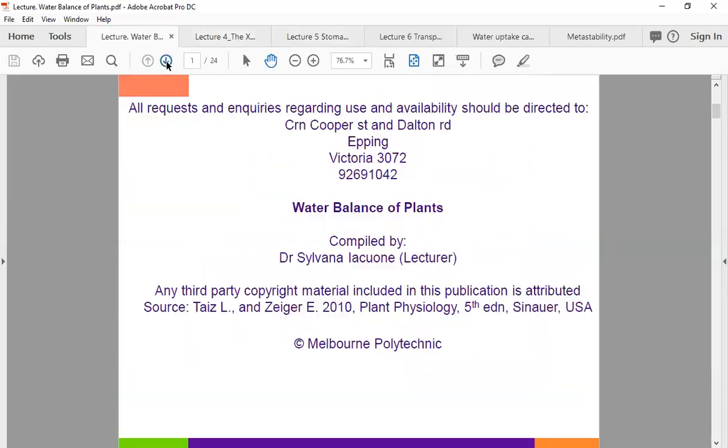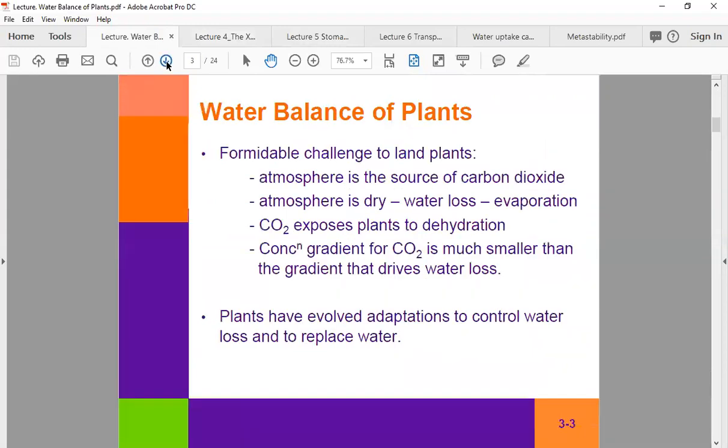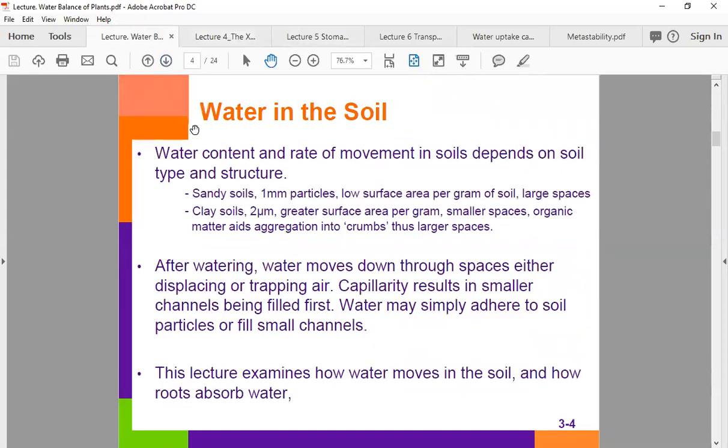So let's have a look firstly at soil types. Just very broadly, 2 soil types. Obviously, there are a lot more soil types, so we've just got the 2 extremes here. Water content and the rate of movement in soils obviously depends on soil type and structure.